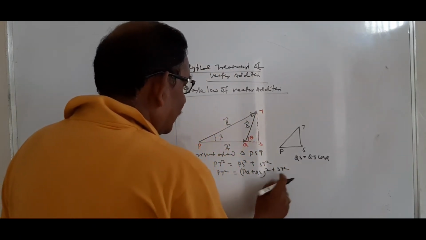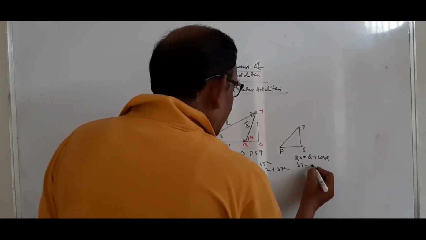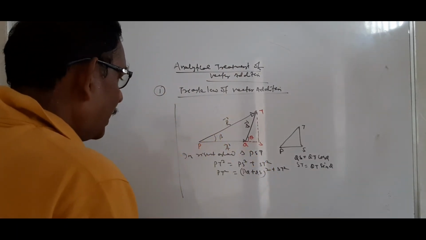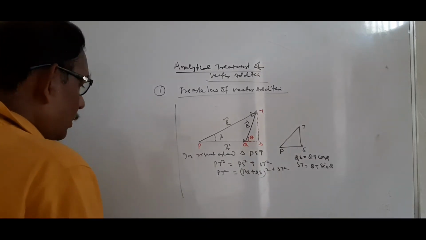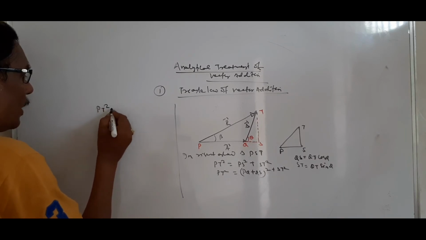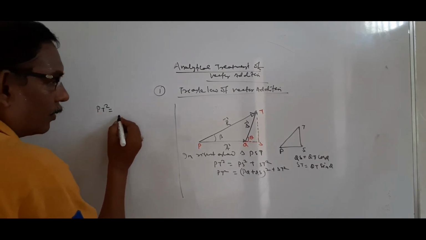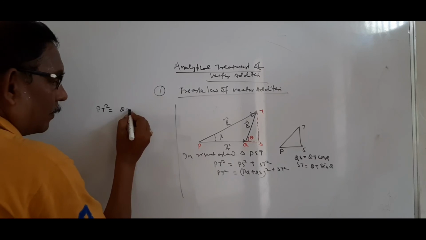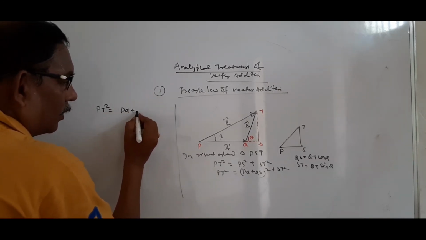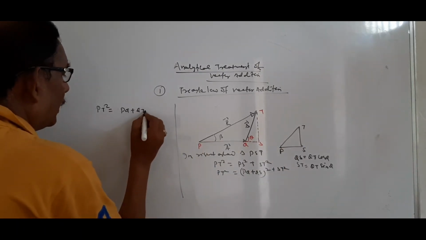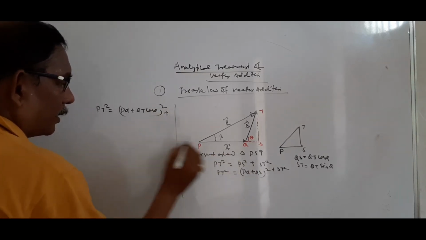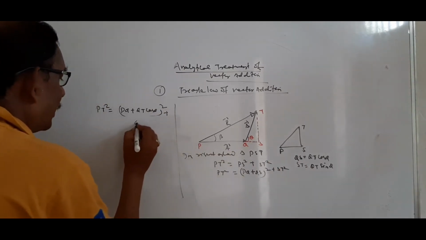Now ST is equal to QT sin theta. So now put here these two values. PT square equal to PQ plus your QT cos theta whole square plus, in place of ST write down QT sin theta.